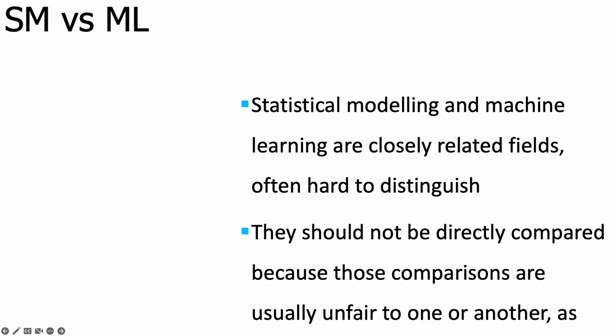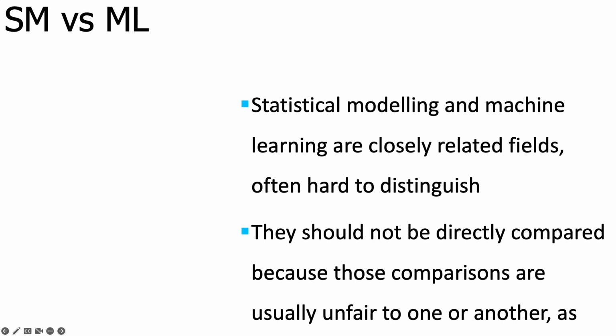So generally, statistical models and machine learning are very connected to each other. And we'll use a few minutes to explain the differences between them, because usually they are hard to distinguish from one another, and they are usually used to solve similar problems.